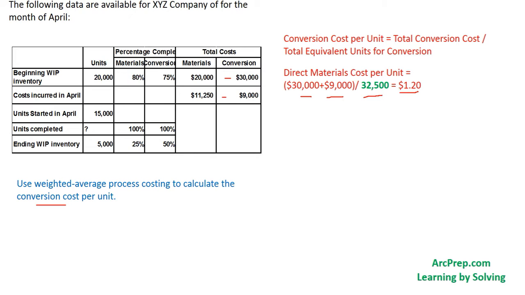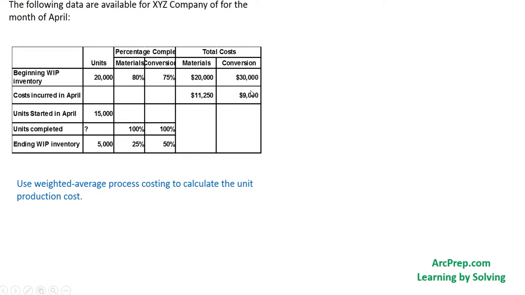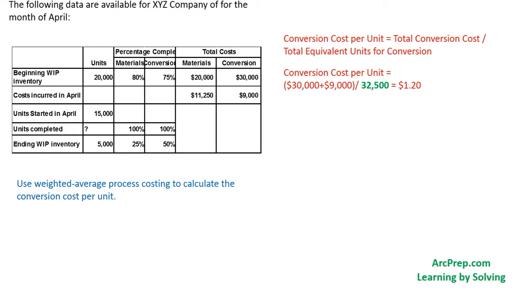Hence, the conversion cost per unit turns out to be 30,000 plus the 9,000, divided by equivalent units, 32,500. And it turns out that the conversion cost per unit is $1.2.